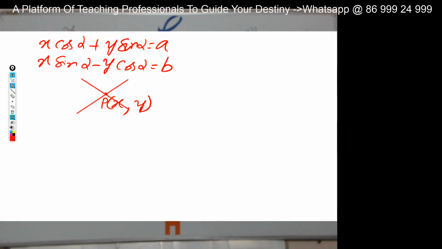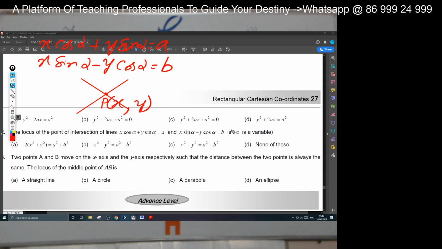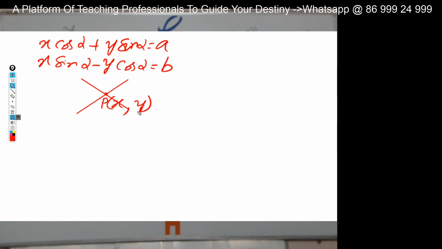In the question it is clearly given that alpha is the variable. In fact, alpha is to be given as the parameter. He gave it as variable.